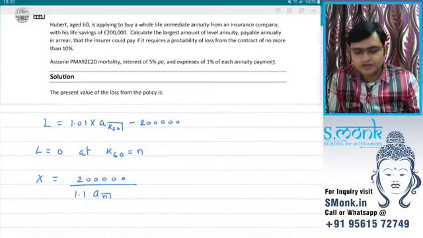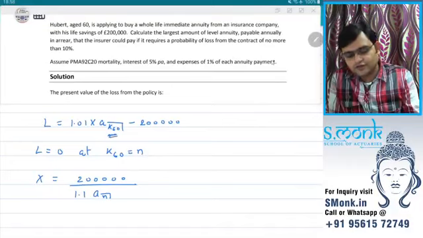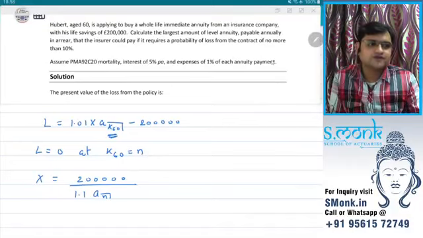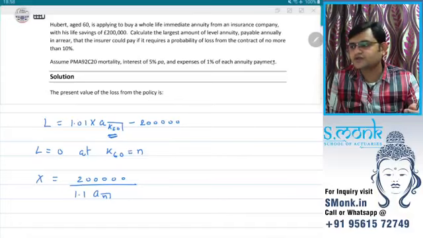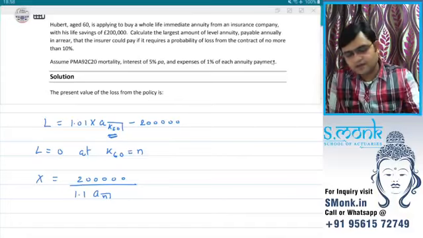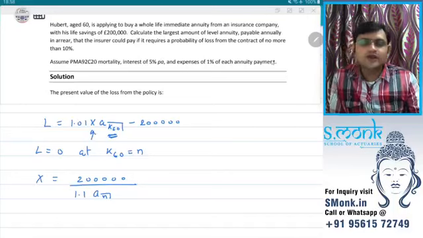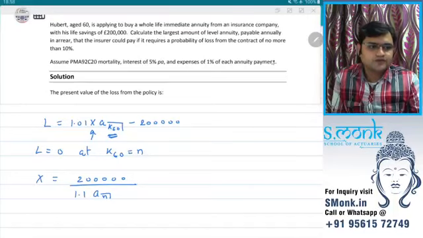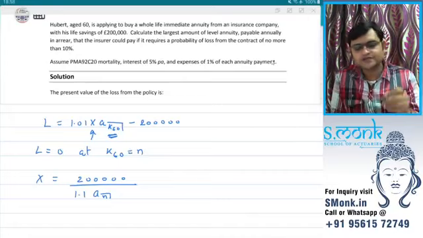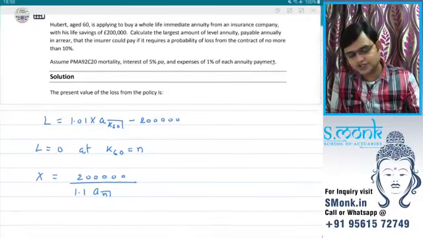Now here, what happens if a person survives for more number of years? Then we will have to pay them more annuity. That means our loss increases. So you have to take this into logic here.